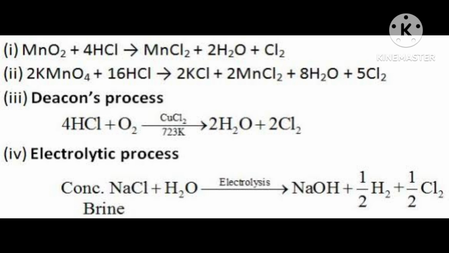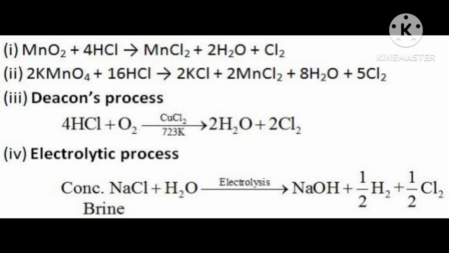In 1810, Davy established its elementary nature and suggested the name chlorine on account of its color. It is a Greek word, chloros, which means greenish yellow.